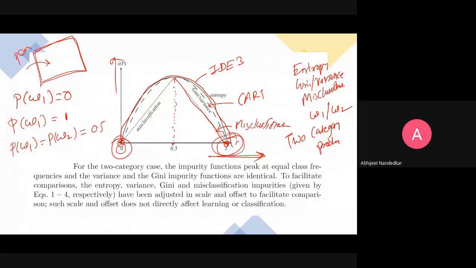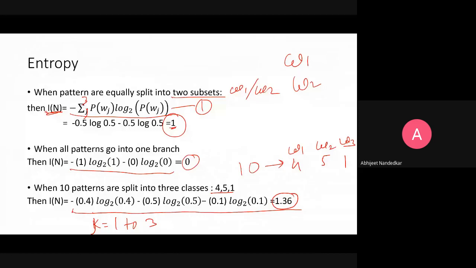So in a two-class problem, you will see that entropy peaks at probability 50%. In a multi-category problem, it will be 1 over k. So if there are k classes, then entropy will peak when the probability is equal for all the classes.